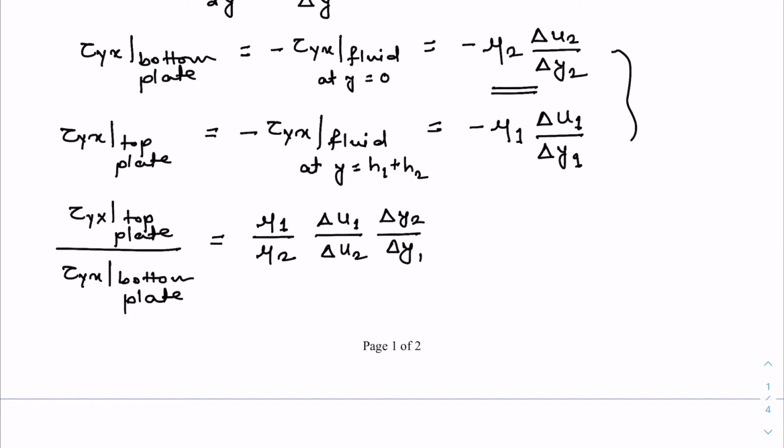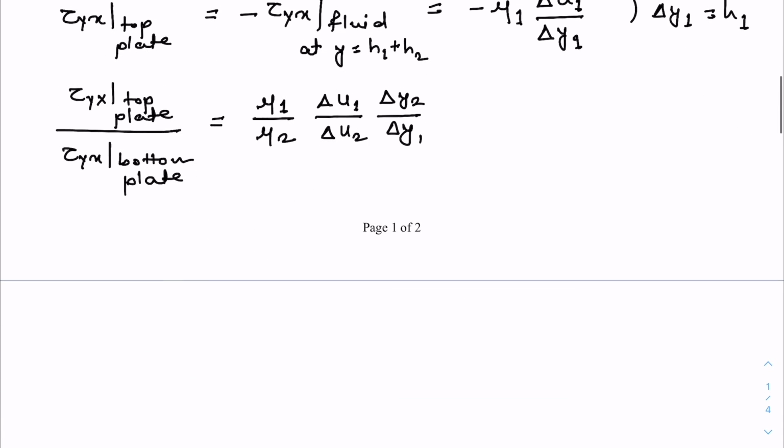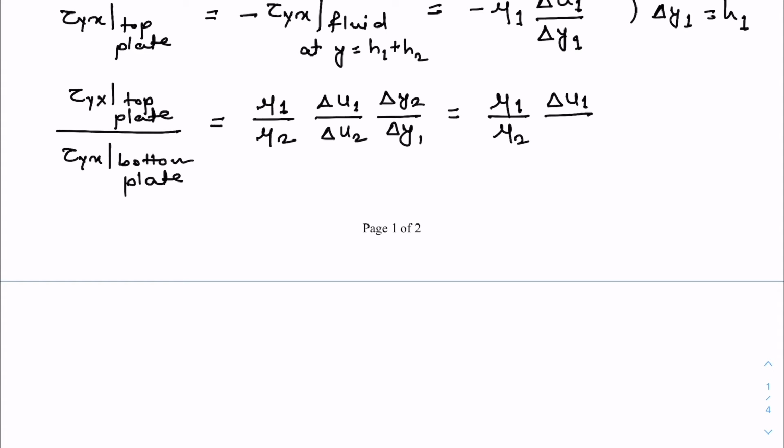So delta y2 is h2 and delta y1 is h1. Substituting it here, it is mu1 divided by mu2, delta u1 divided by delta u2, h2 divided by h1.